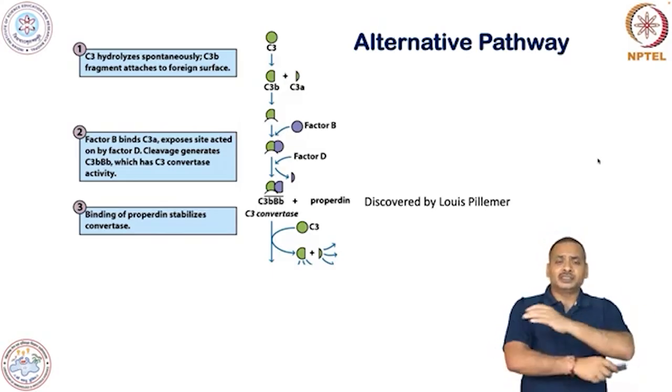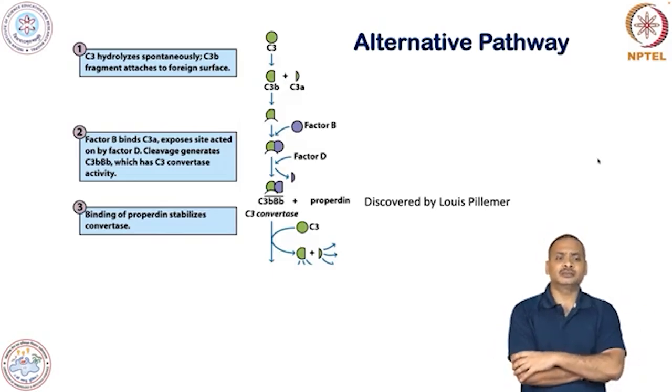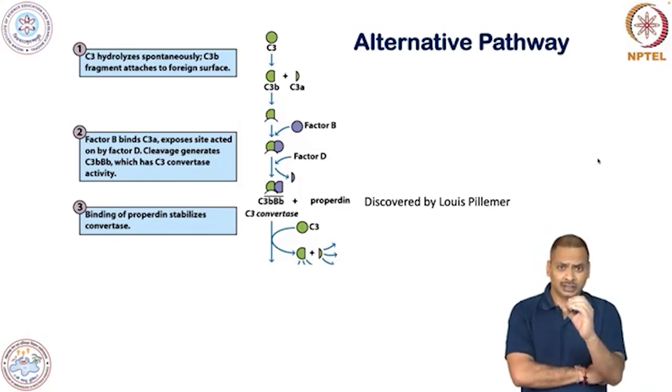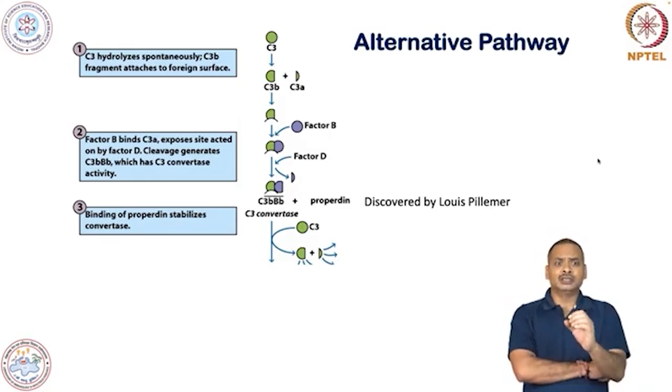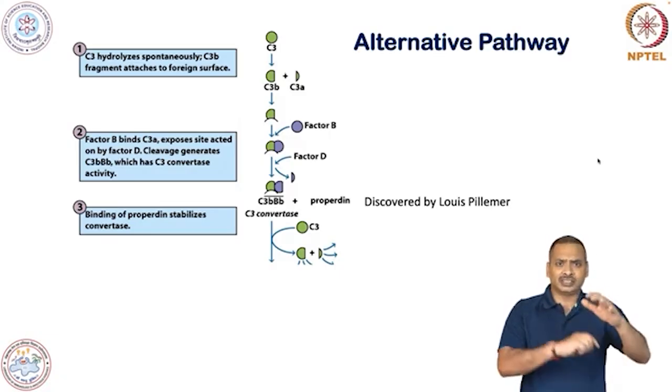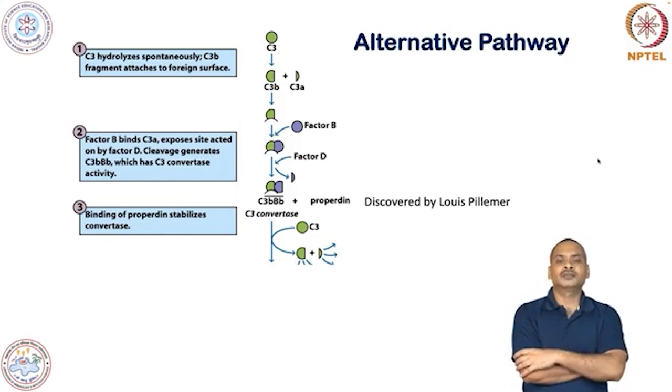This complex is basically stabilized by properdin. The C3 convertase binds with this properdin, and it stabilizes this complex.